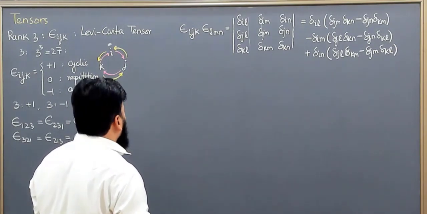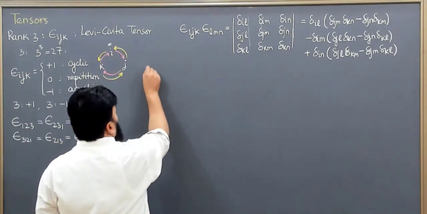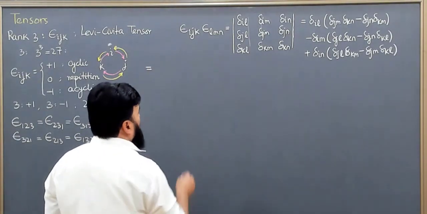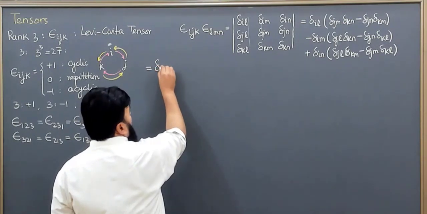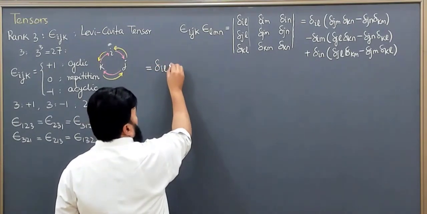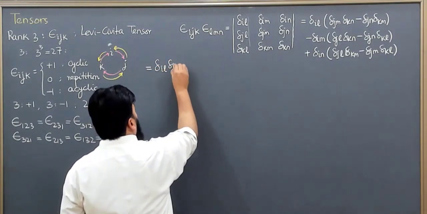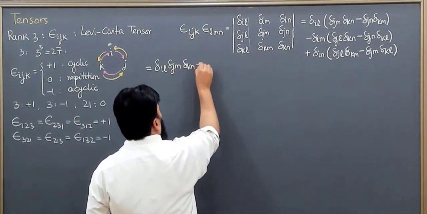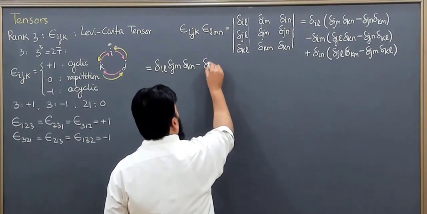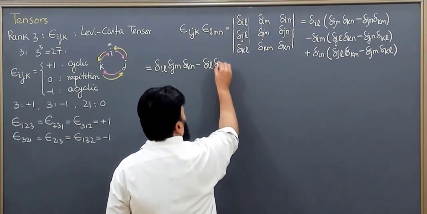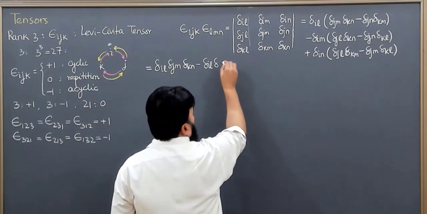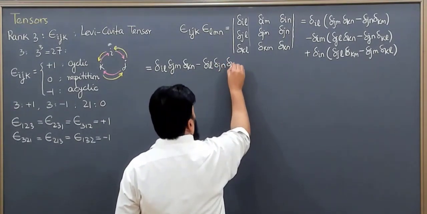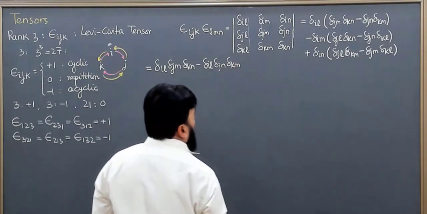Now let's multiply the terms. We have delta il delta jm delta kn minus delta il delta jn delta km.